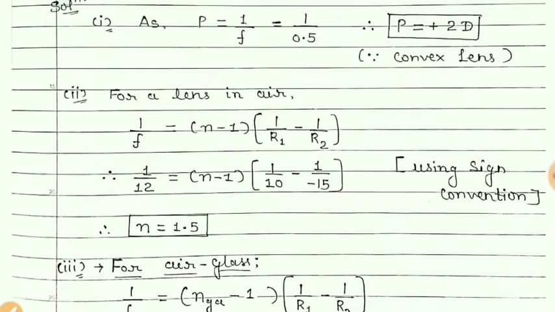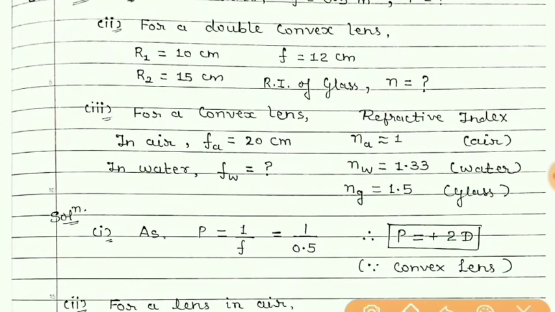Now, given that for a convex lens, when it is in air, its focal length is 20 centimeter, and when the same lens is inside the water, its focal length will be different, and that is to be obtained.